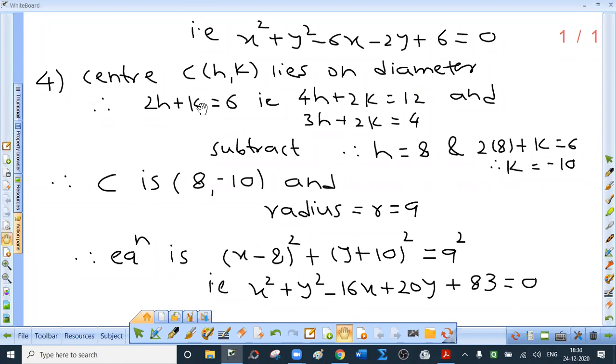Of course, it is up to you how to solve two linear simultaneous equations. Now I say subtract. So h is 8. That gives me k as minus 10. So what is the center? (8, -10). The radius is 9. So by the center-radius form, the equation of the circle is (x minus 8) square plus (y plus 10) square equal to 9 square. On simplification, we get x square plus y square minus 16x plus 20y plus 83 equal to 0.